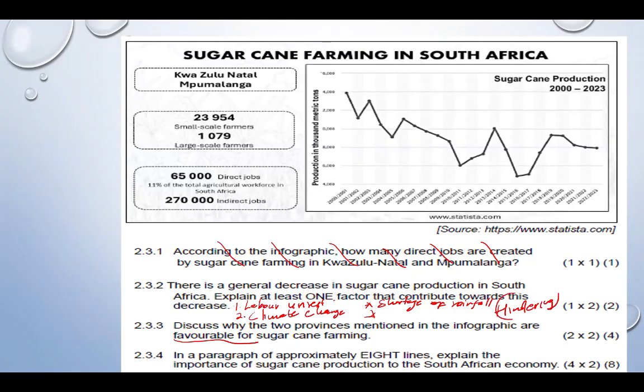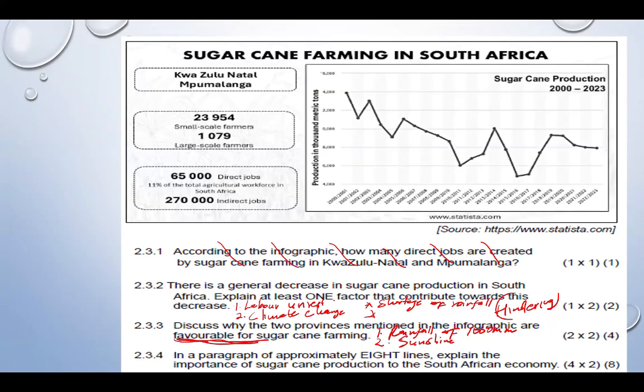And now here, discuss why the two provinces mentioned in the infographic are favorable for sugarcane. So here, what do you want? You want factors that favor sugarcane farming. Number one, you look at the rainfall. High rainfall of 1,000 millimeters and above. That's number one.